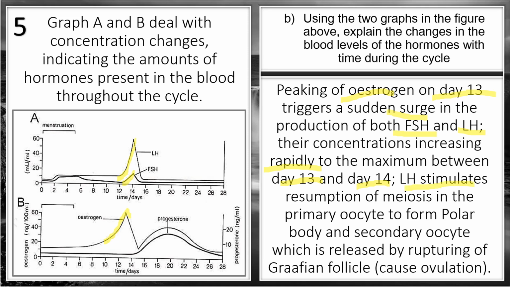The luteinizing hormone stimulates the resumption of meiosis in the primary oocytes to form the polar body and the secondary oocyte, which is released by the rupturing of the Graafian follicle, which we call ovulation.